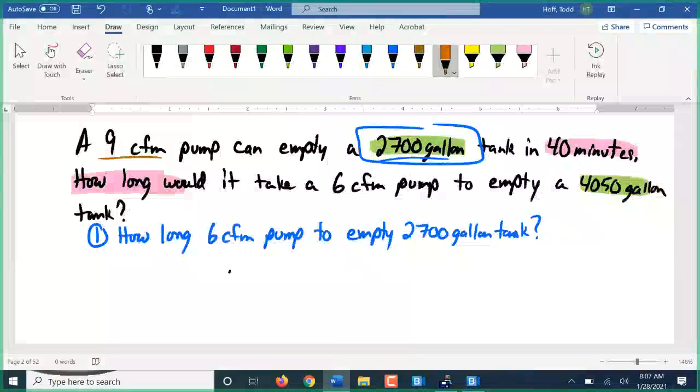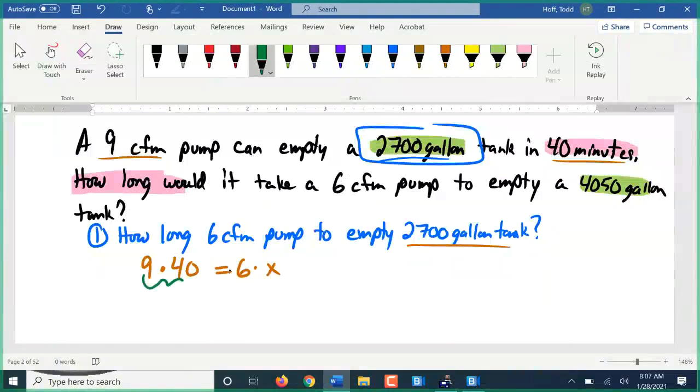Well, 9 CFM in 40 minutes. Smaller pump is going to take more time, so this is an inverse relationship. So 9 CFM times 40 minutes equals 6 CFM times X minutes, where again, X is the minutes to empty a 2,700 gallon tank.